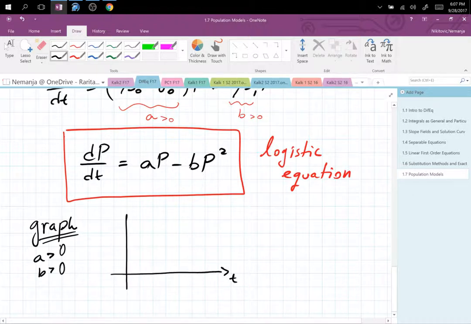This is your time, this is your population. It's going to start at P0, right? Initial population. It's going to rise exponentially, and then it's going to level off. That makes sense. So this is how the solution is going to look.